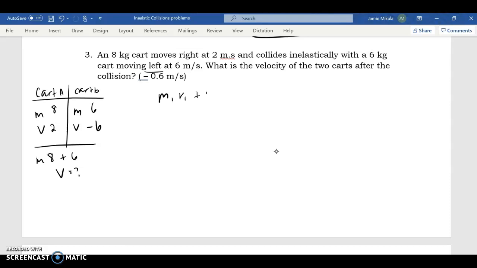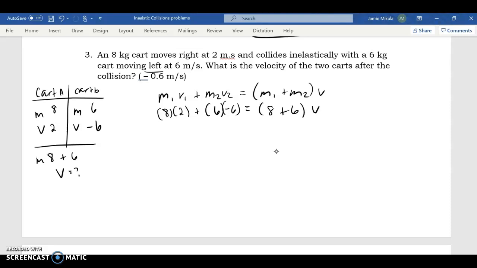m1 v1 plus m2 v2 equals (m1 plus m2) v. All right, so we've got 8 and 2 plus 6 and negative 6, and then (8 plus 6) v. So 8 times 2, 16, plus 6 times 6, 36, a negative 36. 8 plus 6 is 14v.